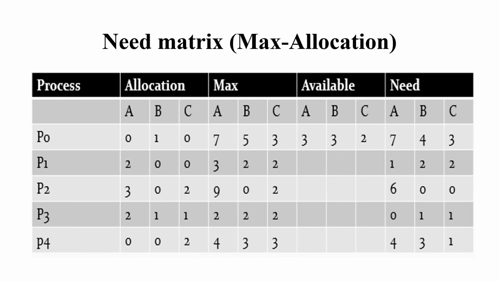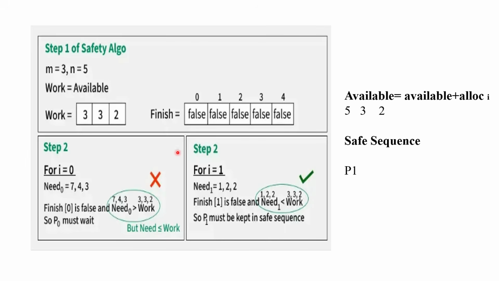Next we want to check whether the system is in a safe state or not. How to check that? Initially, we take every process as false, that means not yet complete. We'll start with process P0. So I'm taking i equal to 0, that is P0, and comparing with my need matrix. What is the safety algorithm?